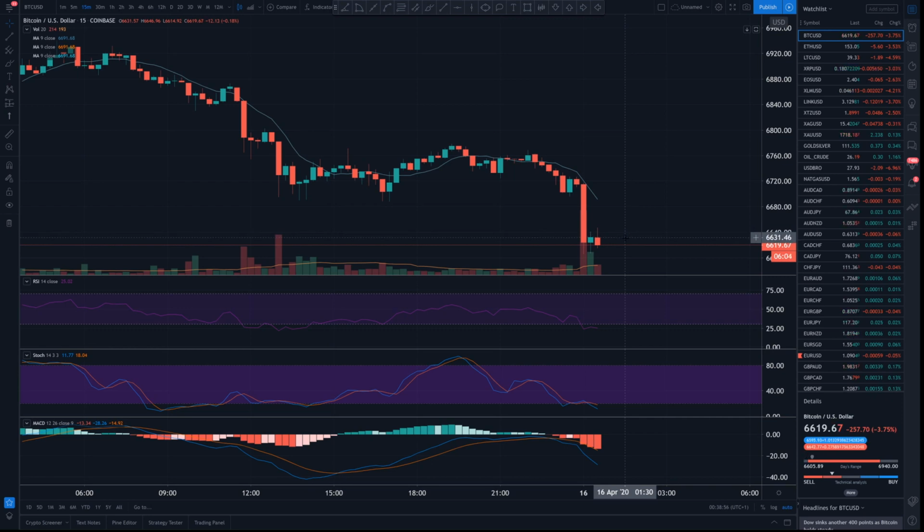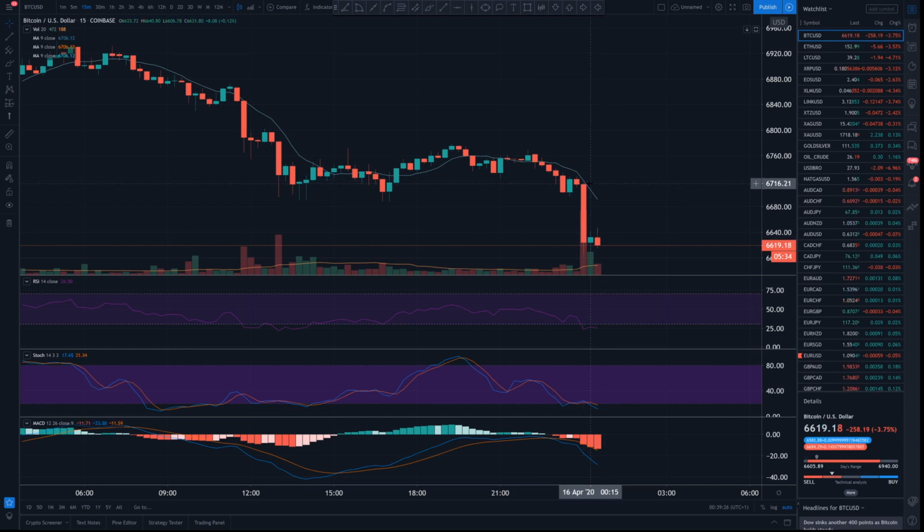But currently, because it's still an active candle, it's still writing itself, it will remain red so long as the price is under the opening. So to review candles, the body of the candle, the thick region, is where the price opened in that time period, and then where it closed in that time period, and the next candle began to form.